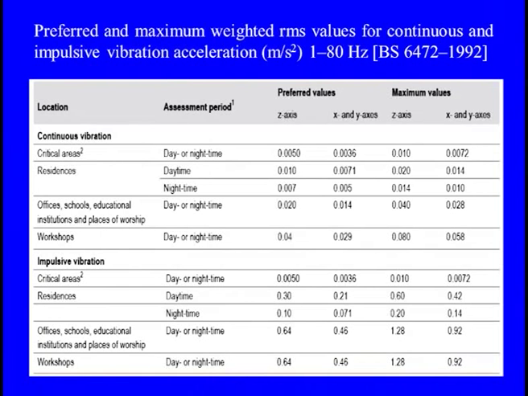So when we see the weighted RMS value, the reference RMS from BS code 6472, we know that even within the low frequency range of 1 to 80 hertz, these are the minimum values, and if we are using those, things are somewhat comfortable for a workman. Otherwise, there are various discomfort levels and various diseases through that.